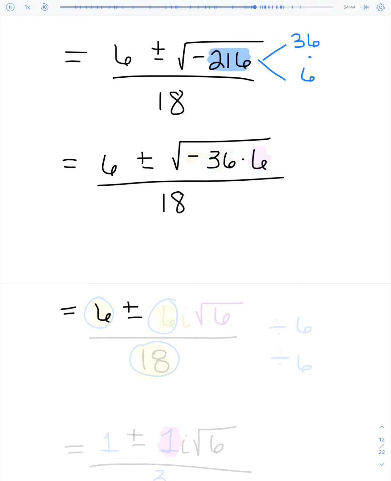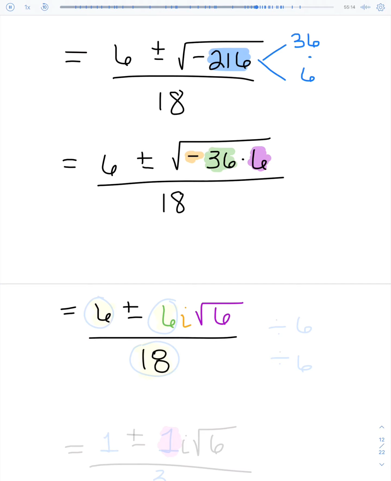When we take the square root of the 36, it's going to come out as a 6. We also, though, have a negative underneath our square root, which will come out as an i. However, there is this other 6 inside of our square root that we can't take the square root of, so it's going to stay inside of our square root. And then we still have our 18 on the bottom.